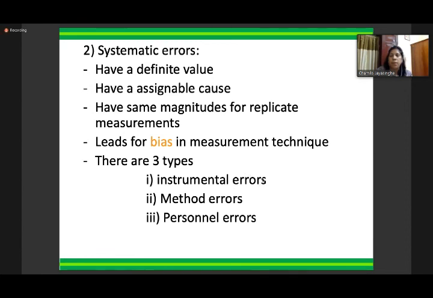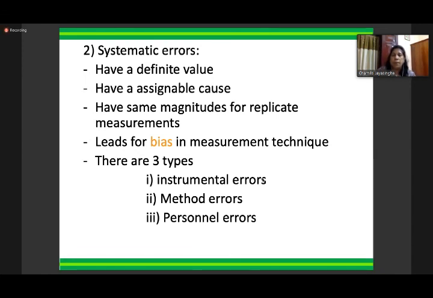Now, if there is instrumental error, when we take a measurement, for example the weight of beakers or the weight of crucibles, if the electrical balance is not working and sometimes shows an additional value like 0.0001, we don't know, because the instrument is giving the error. But since it is always increased in the same way, we think this is correct.